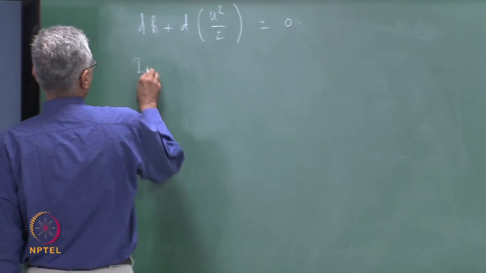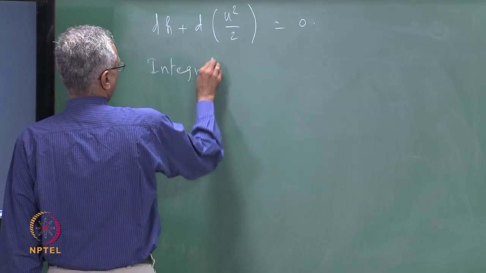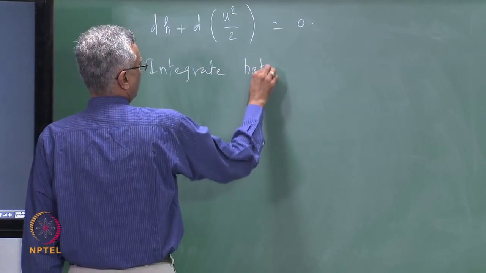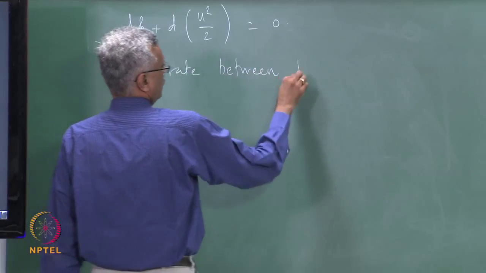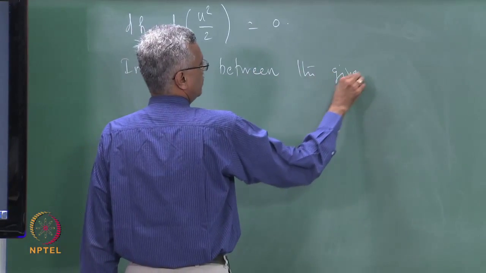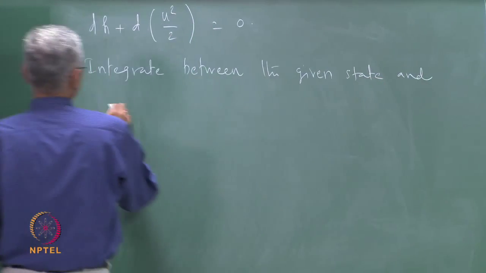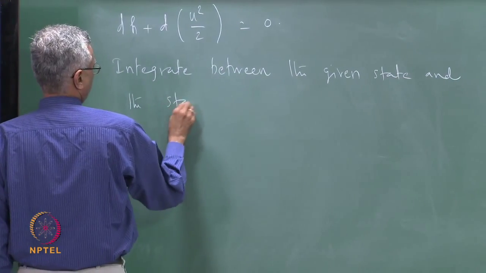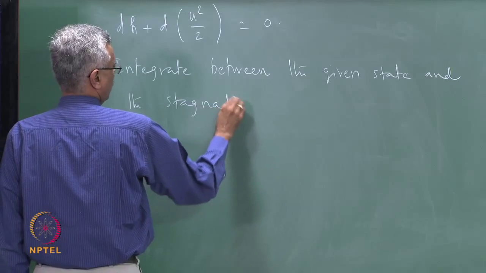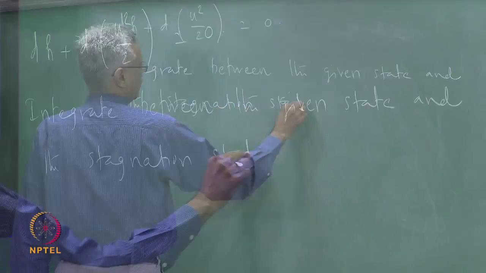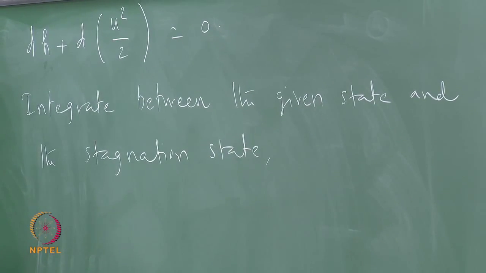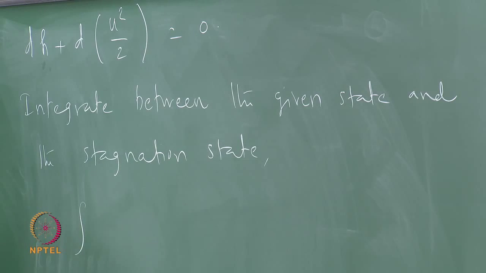So let us integrate the equation between the given state and the stagnation state. Which means I go from the given state to the stagnation state.